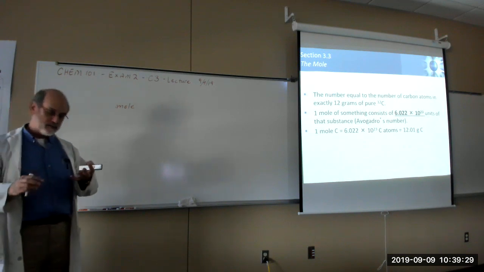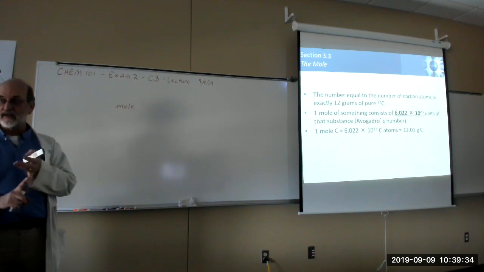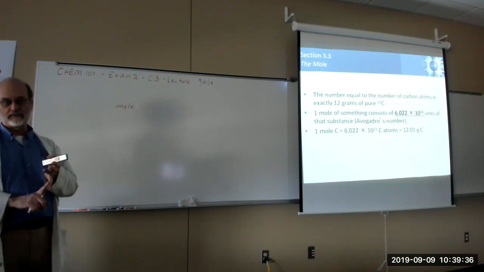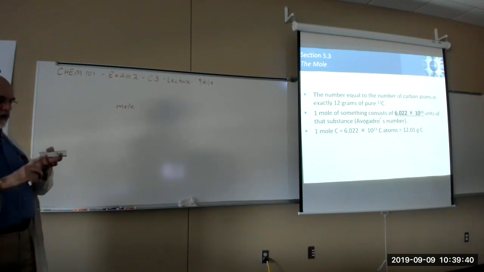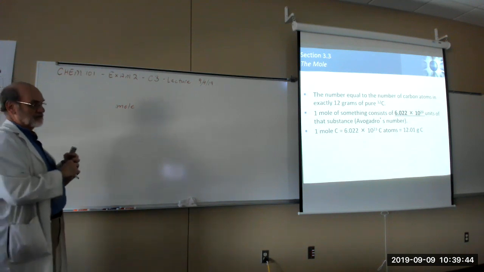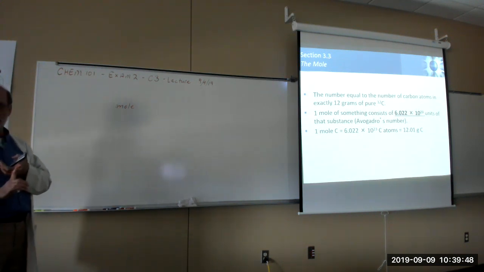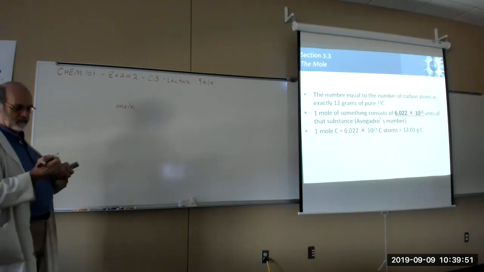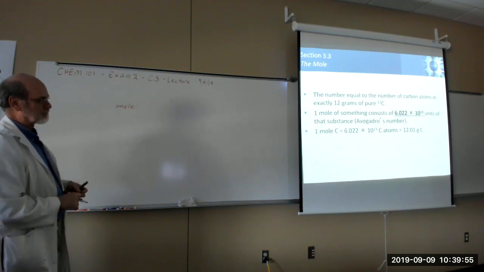Usually, for our purposes, a mole is the number of atoms, 6.022 times 10 to the 23rd. It's a huge number. Or ions, or molecules, or chickens for that matter. You can have a mole of chickens. You'd have trouble finding space for all of them, but it's possible.